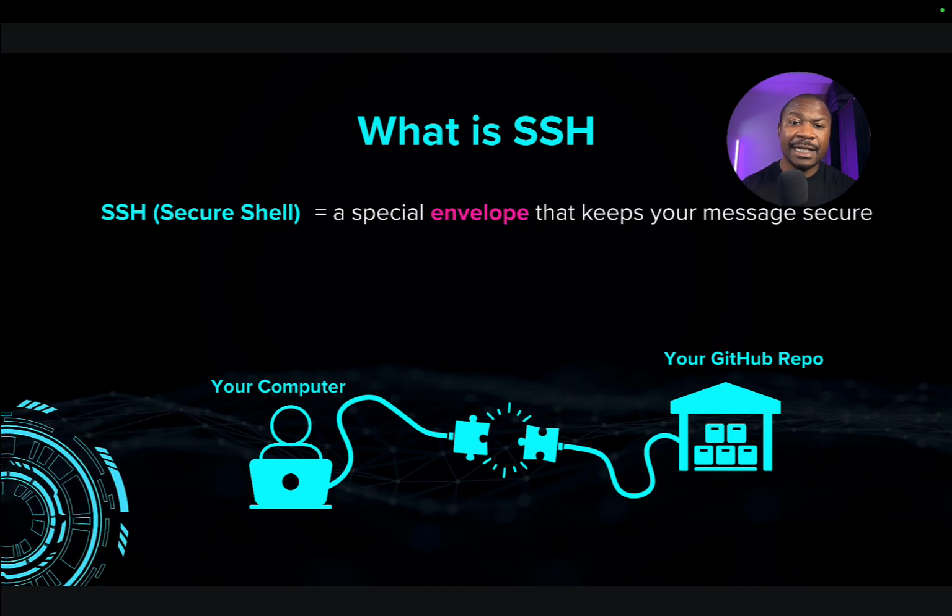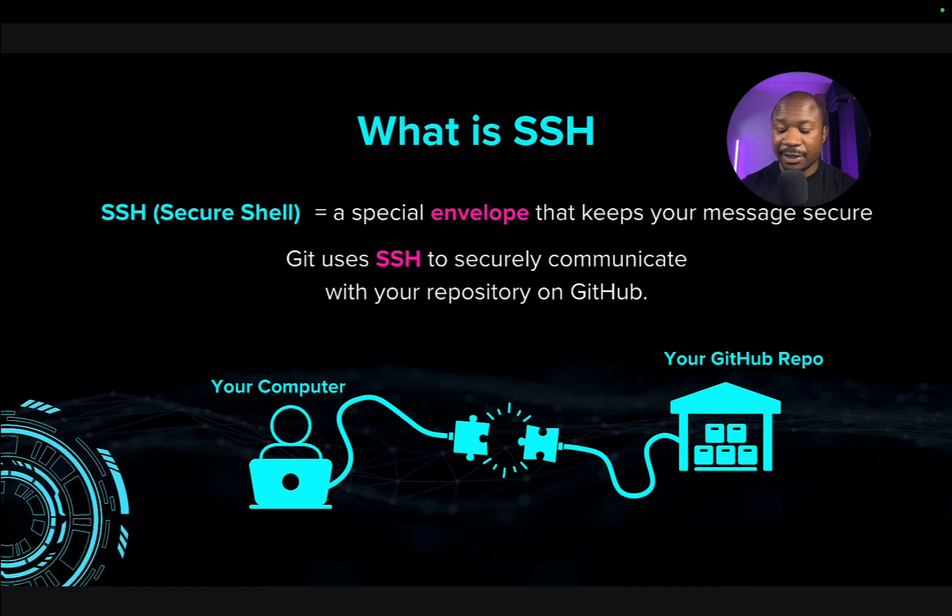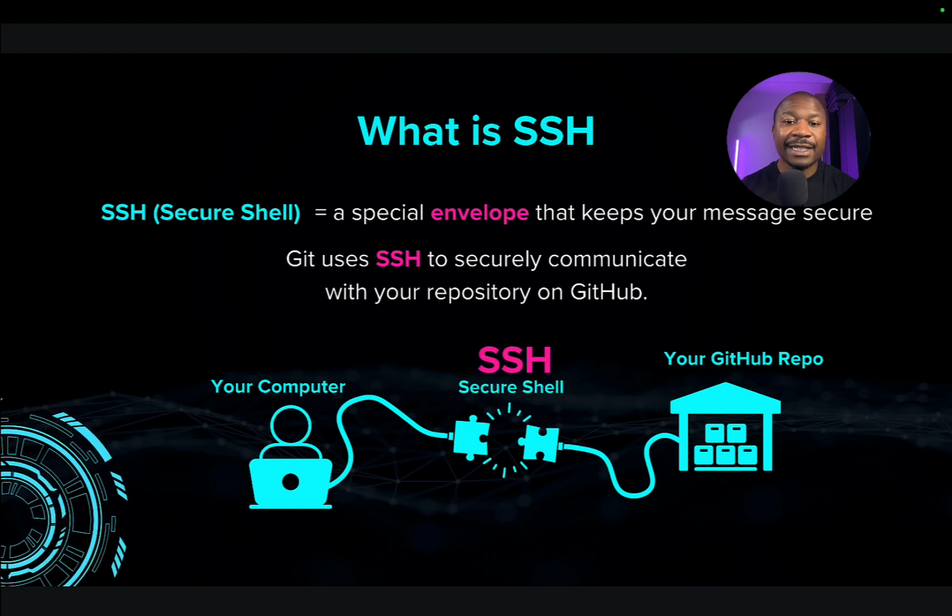This special envelope keeps the message secured, and even if it is intercepted, it cannot be decoded. So SSH is very secure, and that is what Git uses to send your code or other information to your GitHub repository. This connection is made secure by SSH, the Secure Shell.